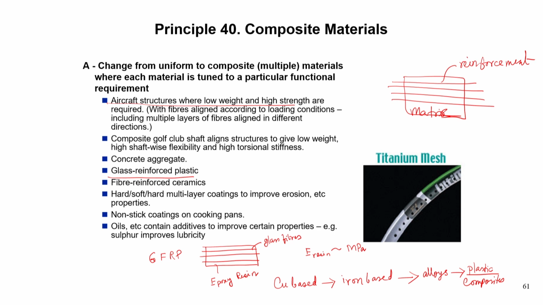And if you look at E glass fiber, this is of the order of 100 gigapascal. So naturally, if you use this glass fiber with the resin, you are going to get something which will not be as high as the glass fiber, but it will not be as low as the resin.